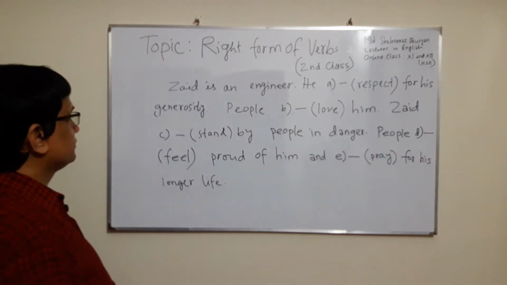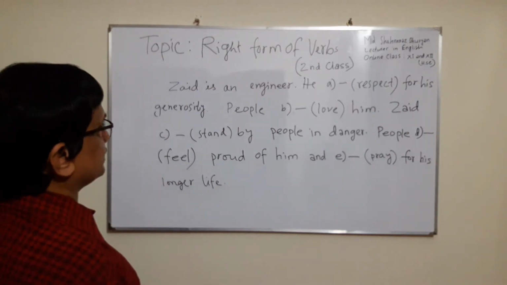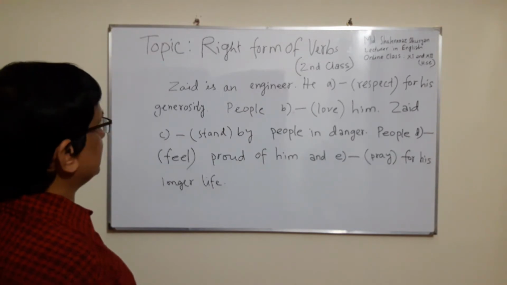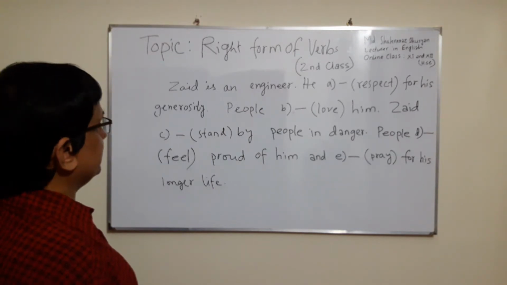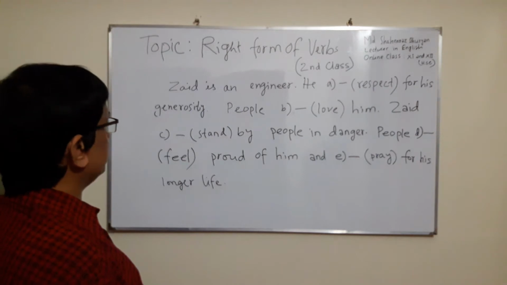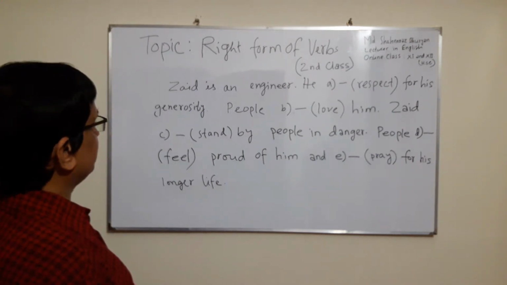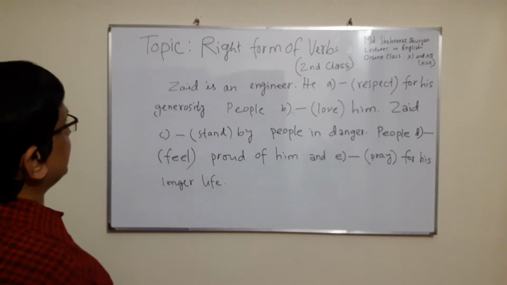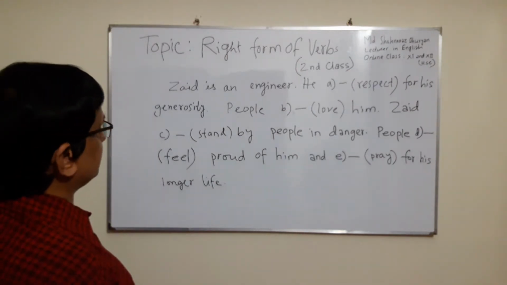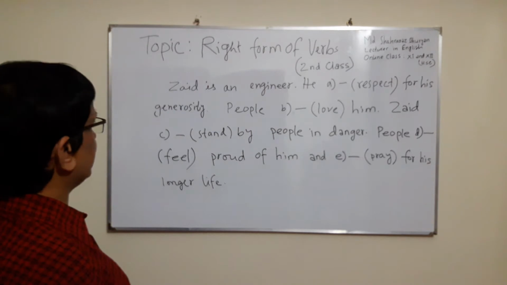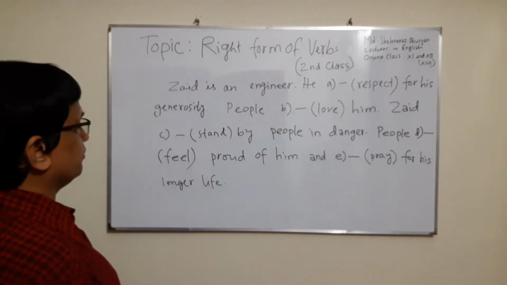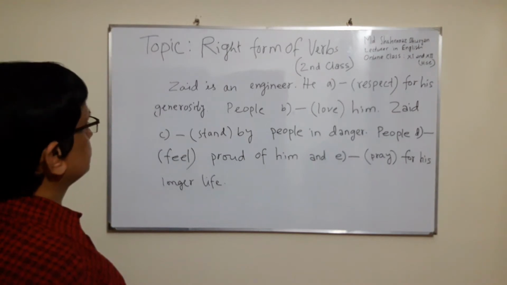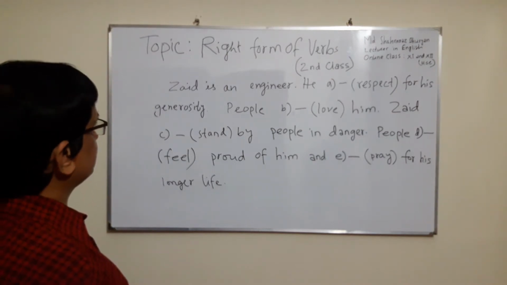This text has only 5 verbs, but the text in your English second paper will have 10 verbs. Whether the text has 5 verbs or 10 verbs is not a matter. The matter is whether you are able to use the proper form of verbs.